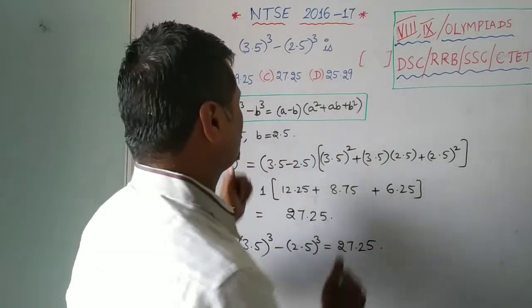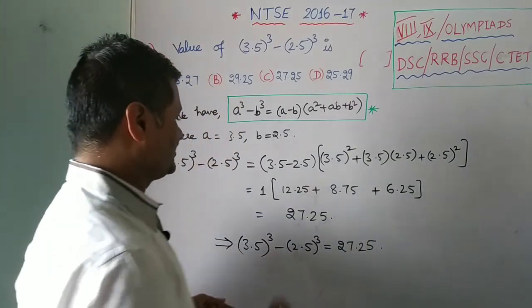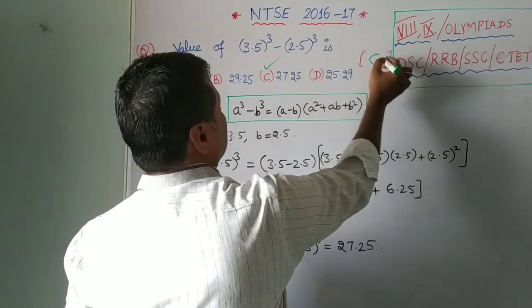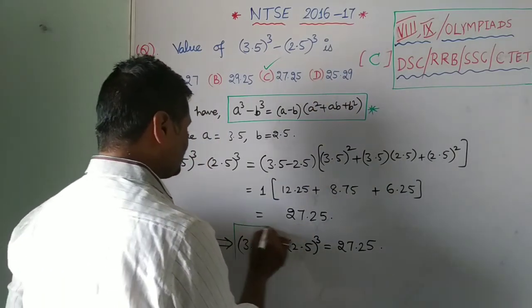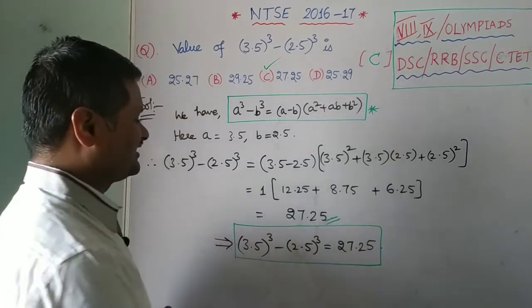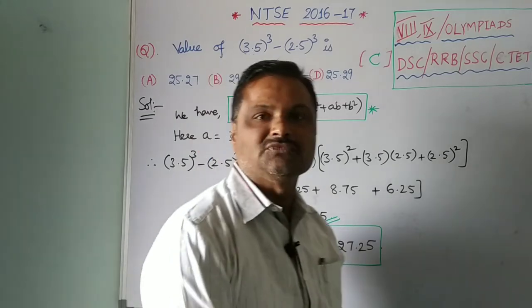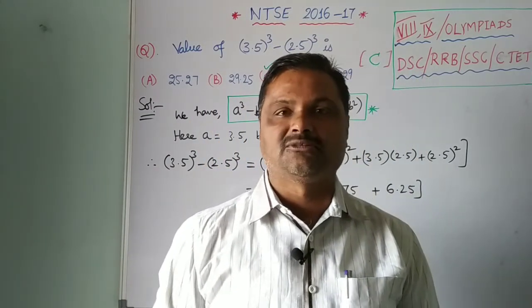You should memorize this, and you can do it very easily. So it falls under option C of this problem. The value of the expression is nothing but 27.25. In this way we can overcome the anxiety of the problem once you look at it.